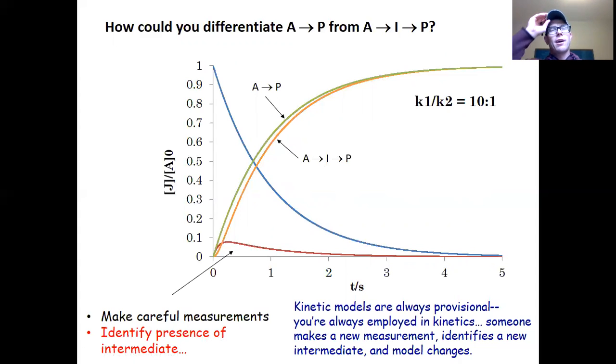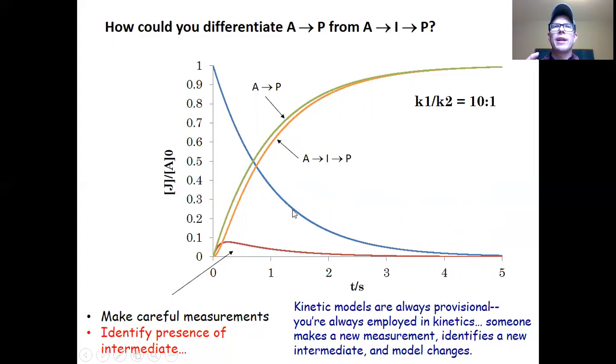And I think the moral of the story that I want to tell you is that kinetic models are always provisional. We say you're always employed in kinetics, because people have one model for a certain reaction, and then someone comes along and finds a new intermediate that had not been previously identified.